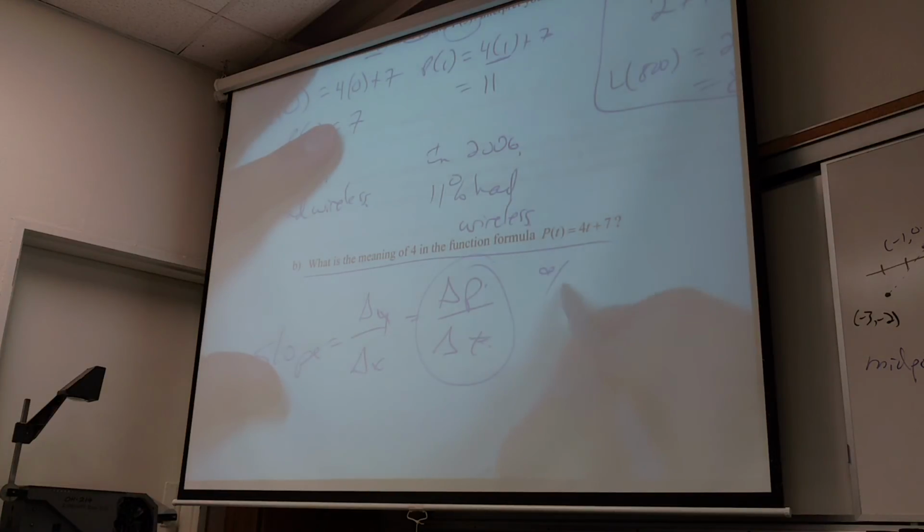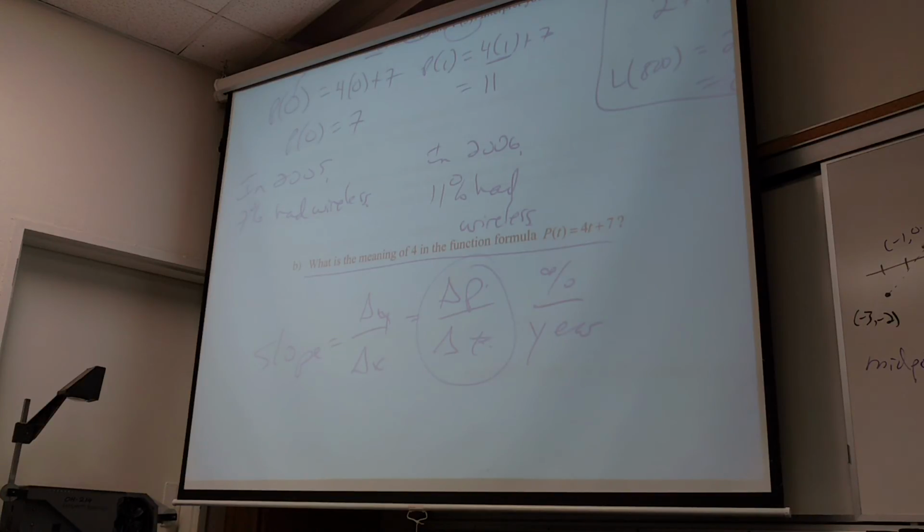So it's percentage per year. So every year we were getting what? Every year there's going to be more. How much more? 4%. Yeah. Another 4%. Another 4%. And another 4%. Maybe. You guys kind of with me?